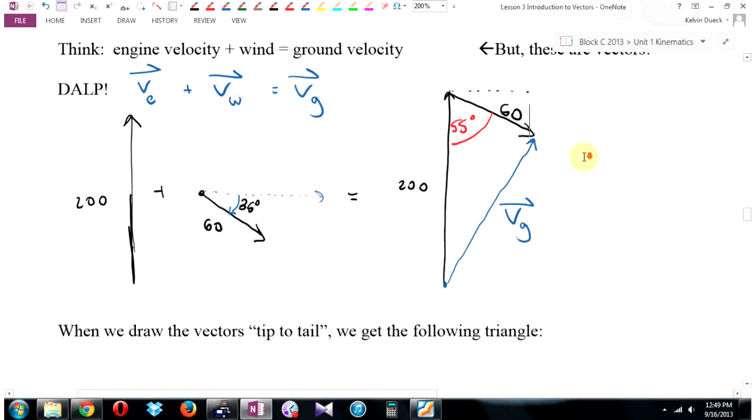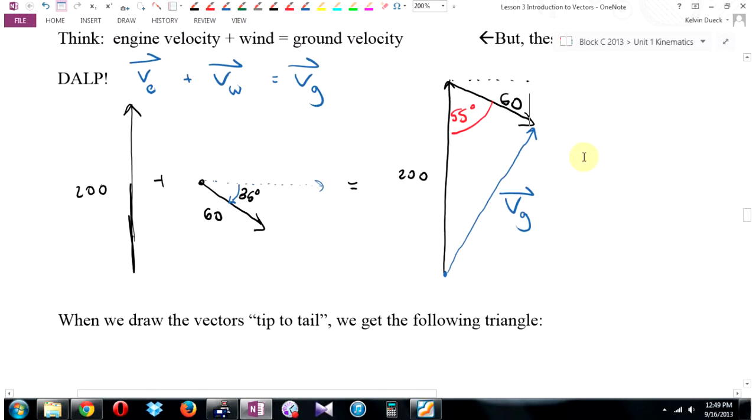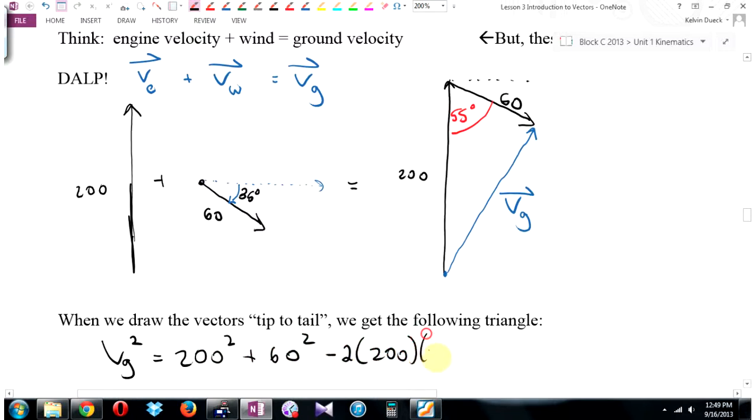Okay? What am I trying to find? This guy. Here's the angle across from it. So what's my cosine law going to look like? It's going to look as follows. It's going to be ground speed squared equals this one squared plus this one squared minus 2 times this one cosine of the angle.